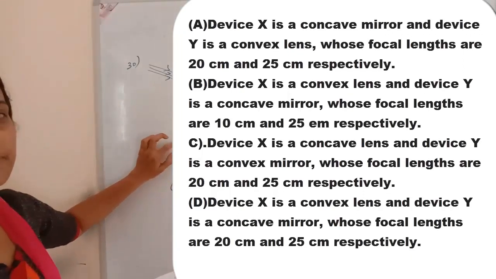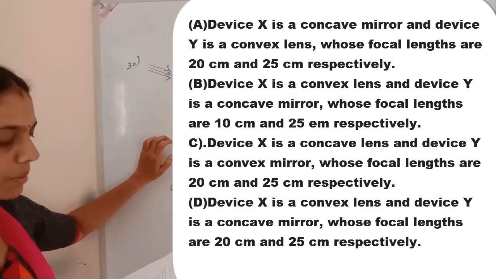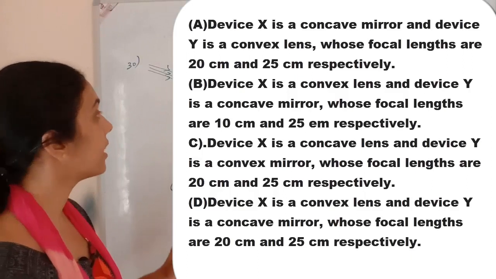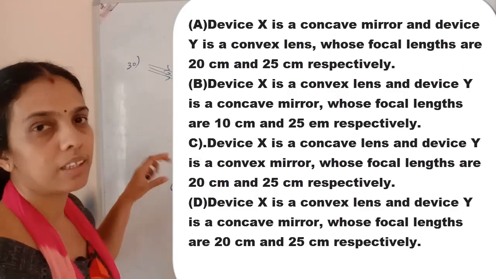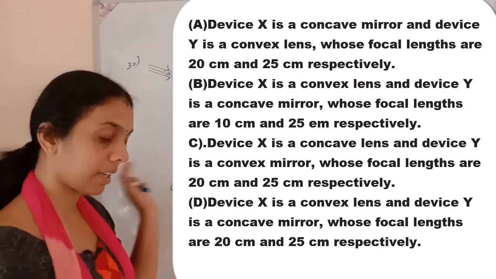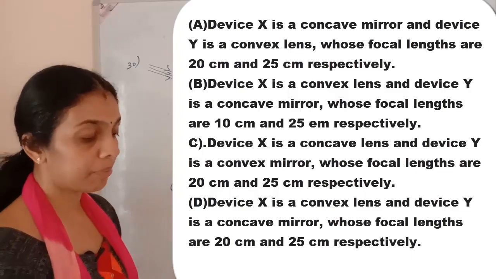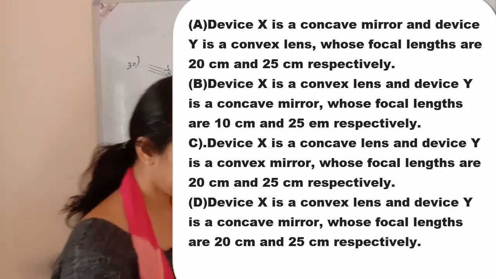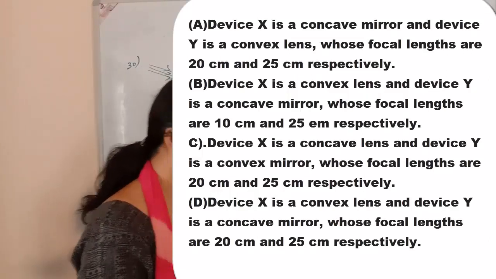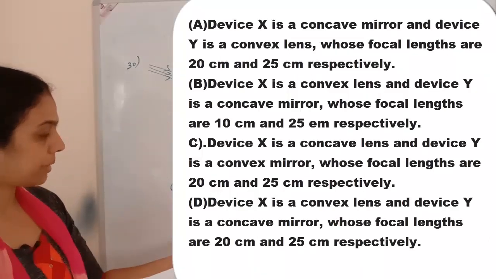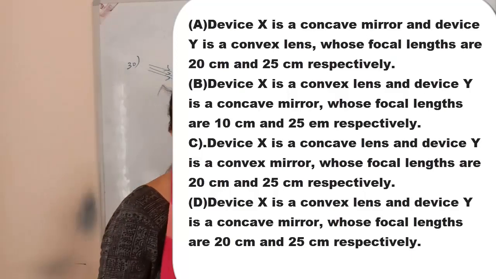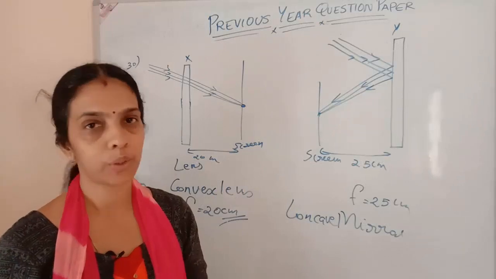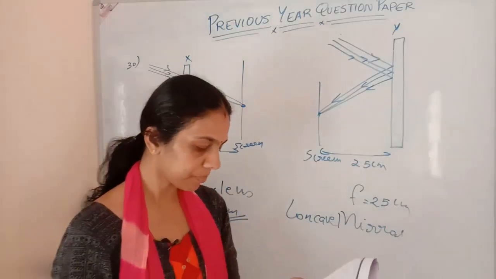Here 10 centimeter is wrong, it is 20 centimeter, so that is wrong. Next, device X is a concave lens, which is also wrong. Then D: device X is a convex lens and Y is a concave mirror whose focal lengths are 20 centimeter and 25 centimeter respectively. So the answer is D, the last option.